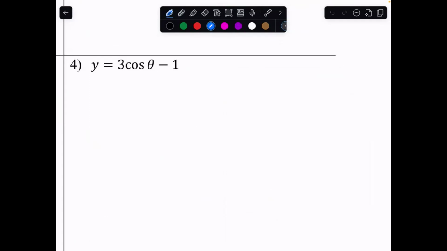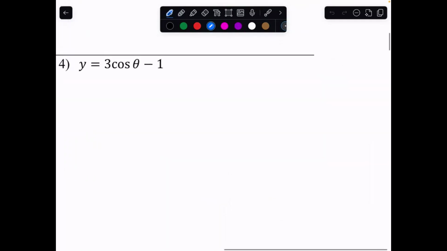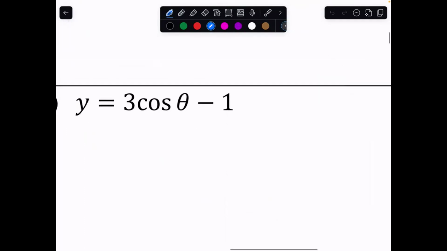Just a quick reminder, this is a no calculator unit, so we don't need a calculator for any of this. First we can identify that A is 3. So the absolute value of A is also going to be 3. If A were negative 3, absolute value would turn into positive 3, but here it just stays the same. And over here at the end, K is negative 1.